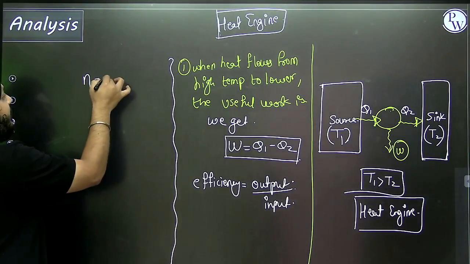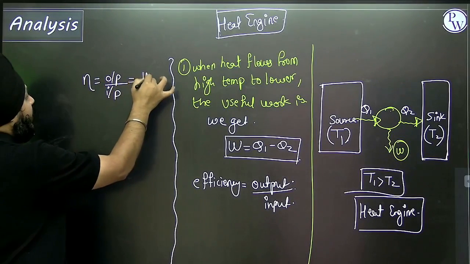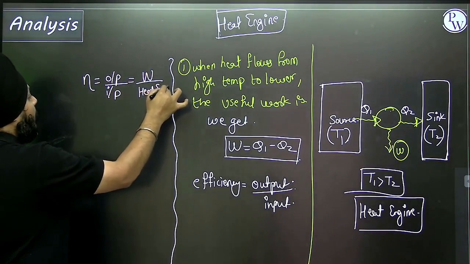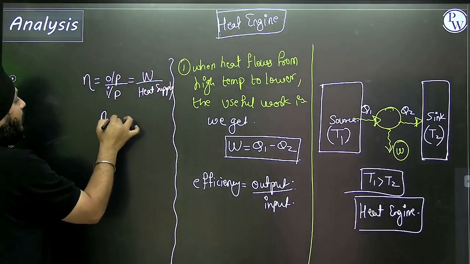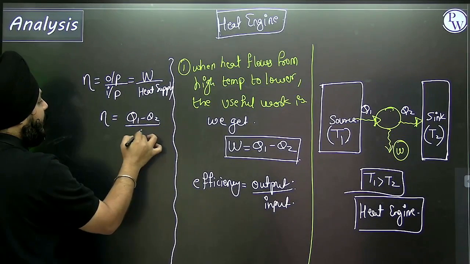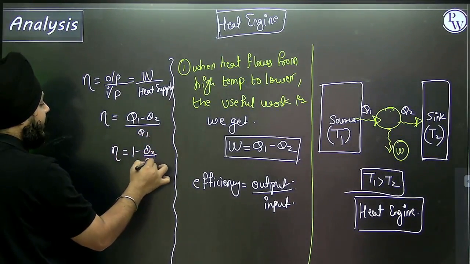So efficiency is equal to output by input. Output is work done, and this is the heat supply. This is the actual formula of efficiency. What is the work done? Can I say it is Q1 minus Q2 whole divided by Q1, right?